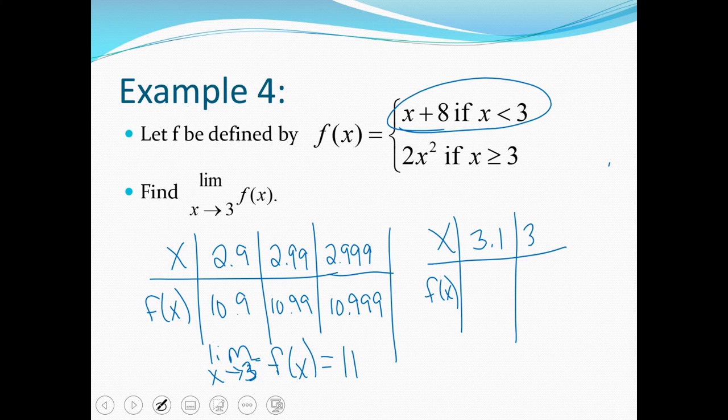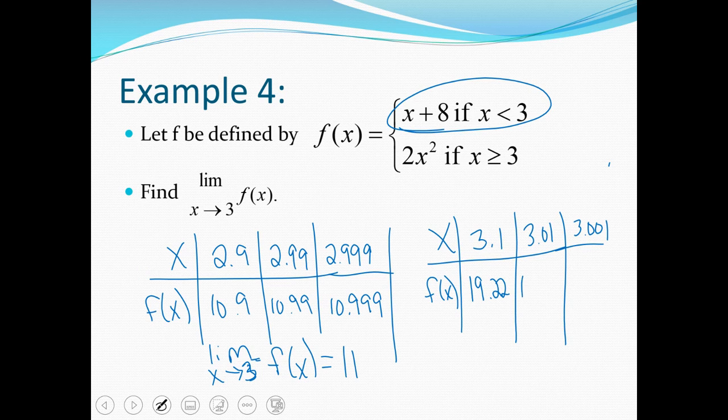3.1, 3.01, and 3.001. I have my calculator here so I don't have to switch back and forth. 3 times 3.1 squared is equal to 19.22. Let's try 3.01 squared times 2.